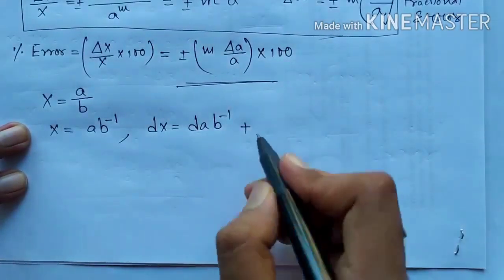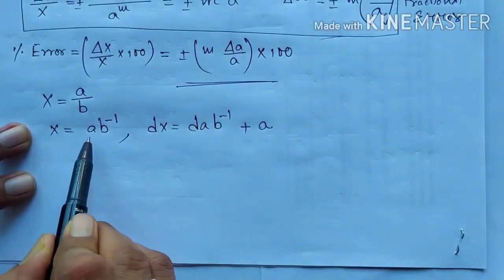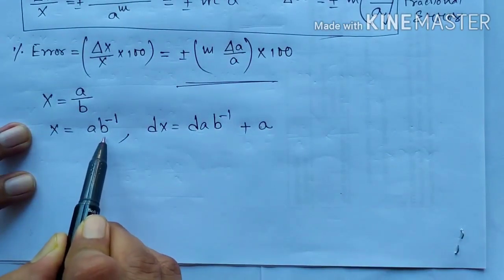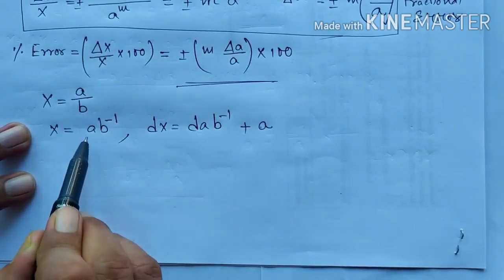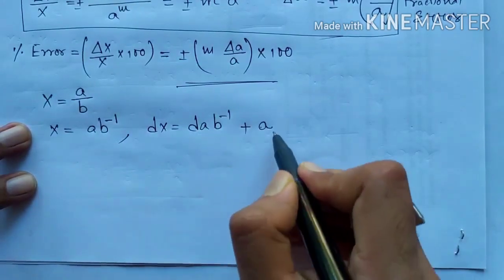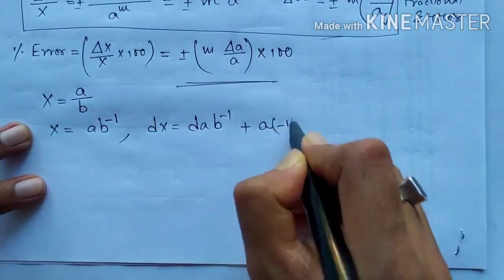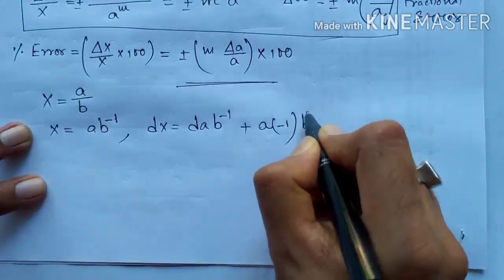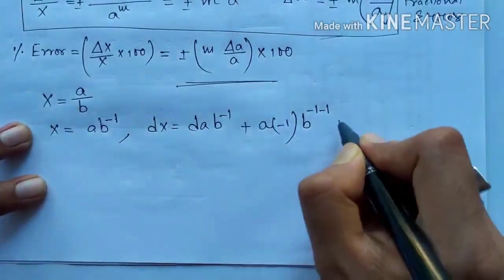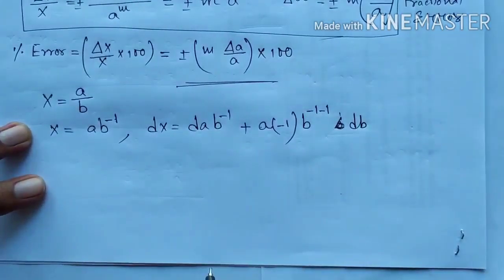plus it will be a. When I have differentiated a, I have treated b to the power minus 1 as constant. When I am differentiating b, I am treating a as constant. So a I have kept here as constant. So minus 1 comes from this, minus b to the power minus 1 into db.